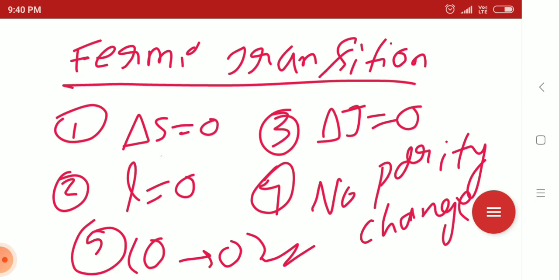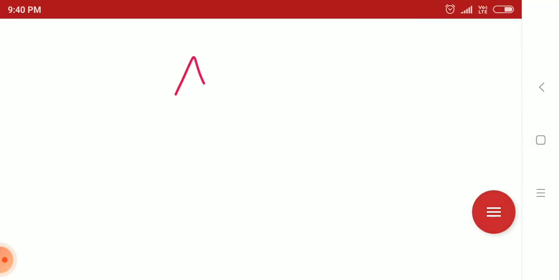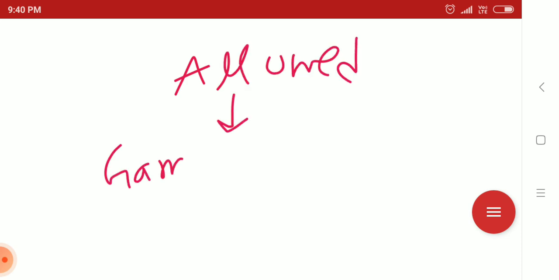So this is the allowed Fermi transition. Another type of allowed transition is the Gamow-Teller transition.